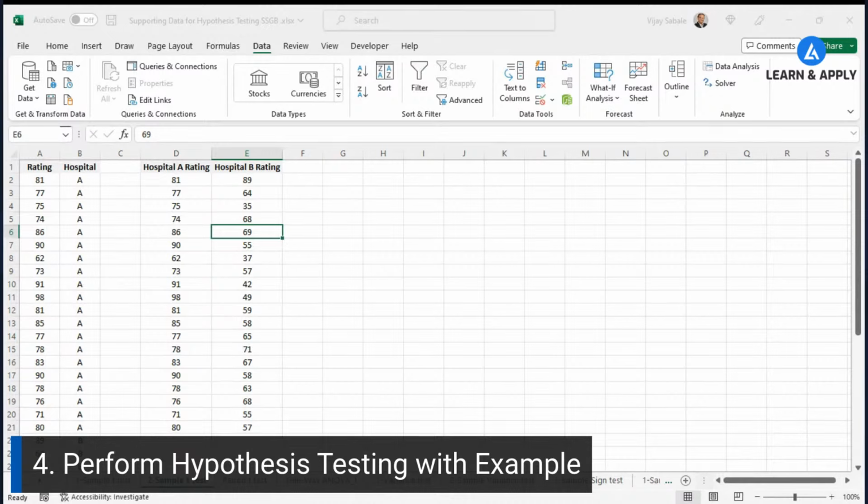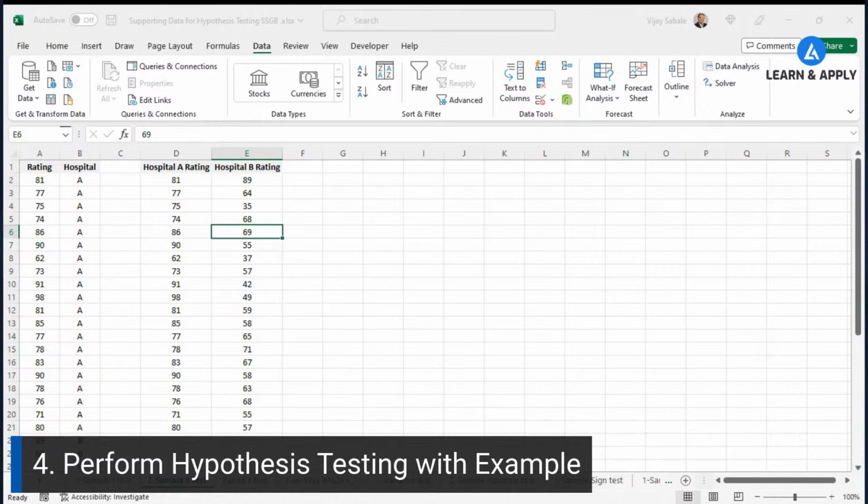Paired two sample for means: is our data paired? Paired means our data is collected in a before and after format. No, so we are not going to use this option. So let's go for the other t-test options. There are two t-test options: assuming equal variances and assuming unequal variances. Before assuming equal variances, we need to perform the variance test and check whether the variances are equal or not.